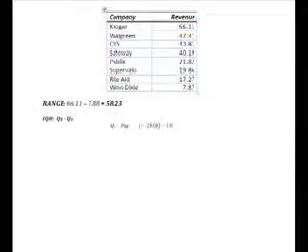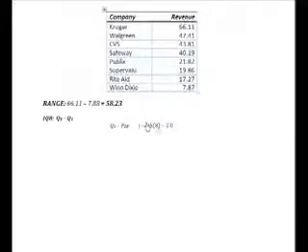Alright, remember from last time that we said that Q1 is the same thing as P25, and we know that little i is simply location, and we would take 25 divided by 100, which is 0.25, times the 8 data points.